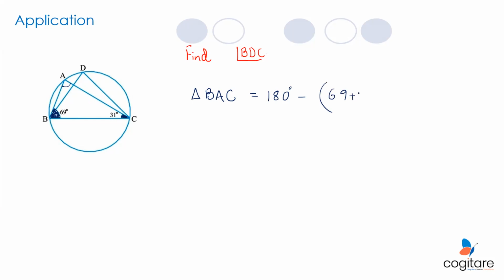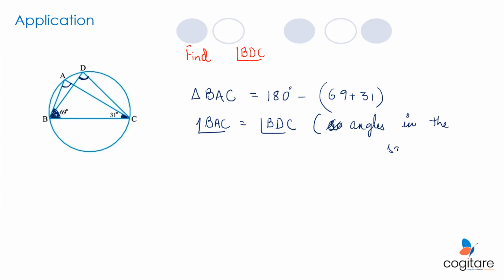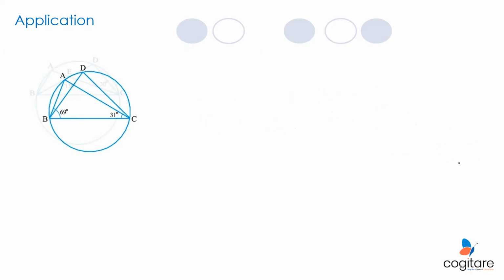This is 180 minus 69 plus 31, and immediately you will see that this angle BDC is the angle in the same segment. So angle BAC is equal to angle BDC because these are, sorry, I need to write neatly, angles in the same segment. Right, so this is another easy one.